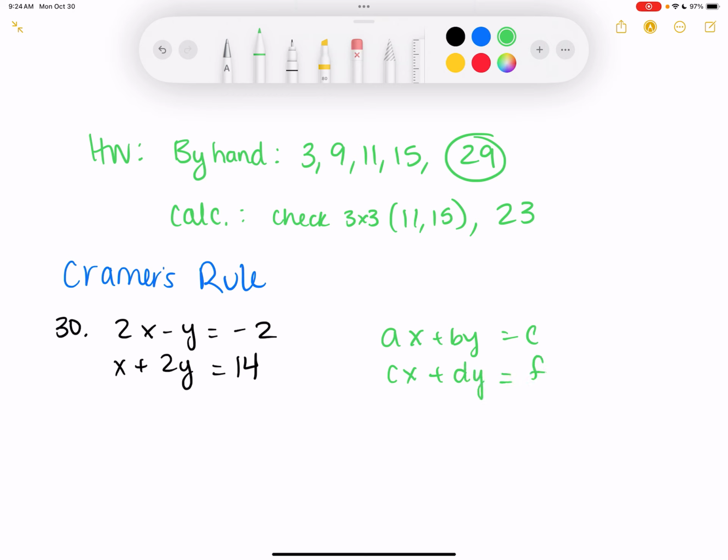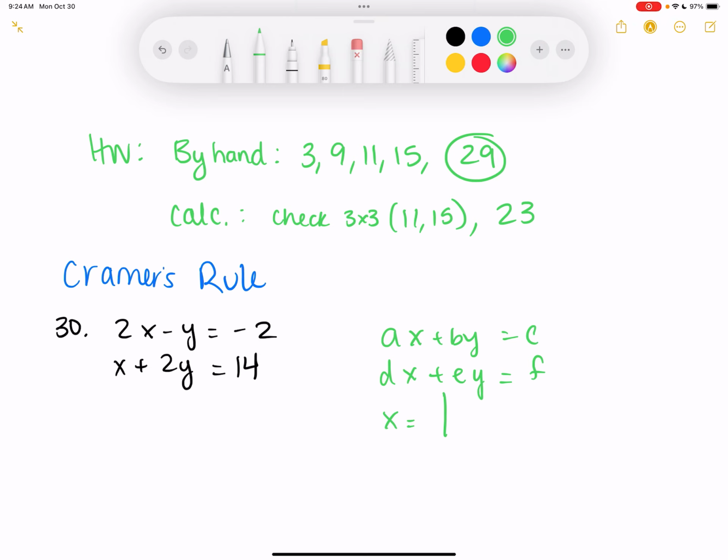And so x is going to be equal to the determinant of D, E, F. Okay, there we go. These are going to be different letters than I used in your notes, so if you're confused, that's why.